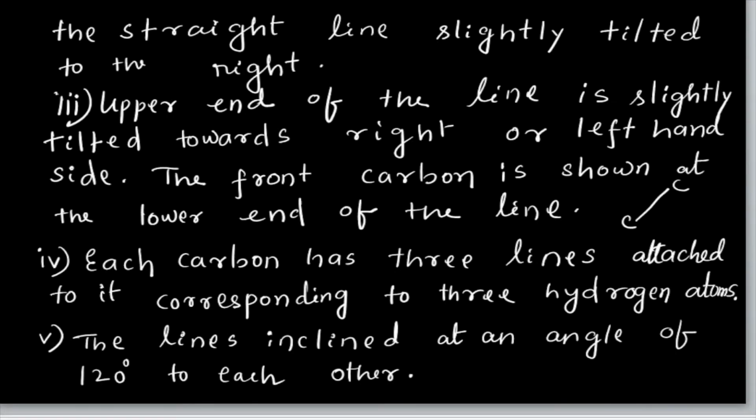The straight line is tilted to the right. Remember, the straight line is tilted to the right. That means the straight line is the carbon-carbon representation, the carbon-carbon single bond, which is a covalent bond, tilted to the right.